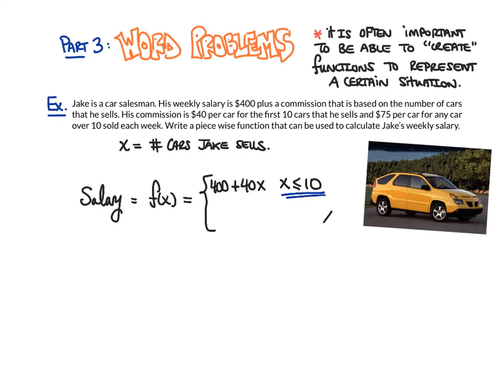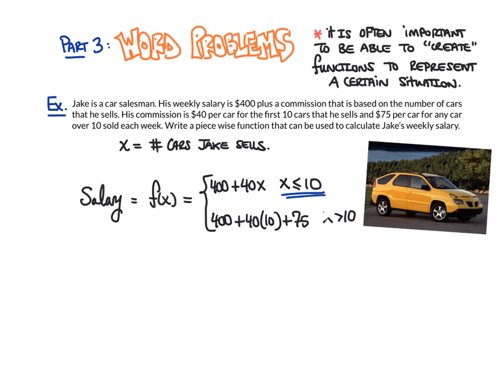But if x is bigger than 10, so if he sells more than 10, he gets his $400 weekly salary. He gets $40 for the first 10 cars. So because he sold more than 10, he's going to get $40 times the number of cars, plus $75 for each additional car that he sells.